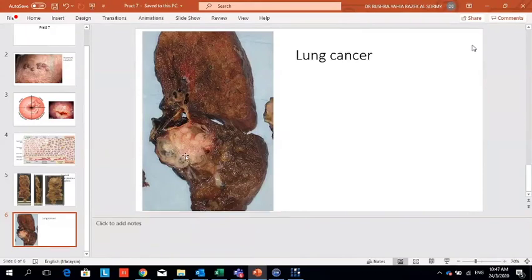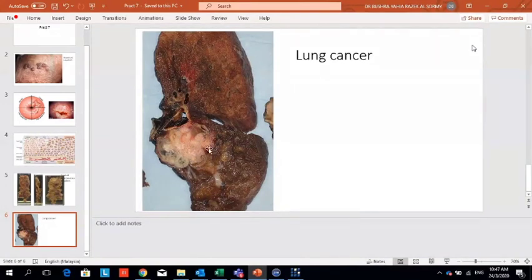Actually, we don't have this specimen, but I give you the photo, just to imagine and correlate with our slides. Look at the tumor here: it is a whitish tumor and irregular.